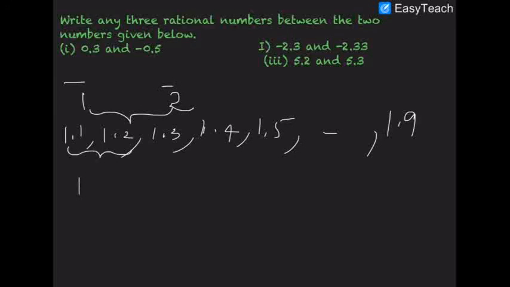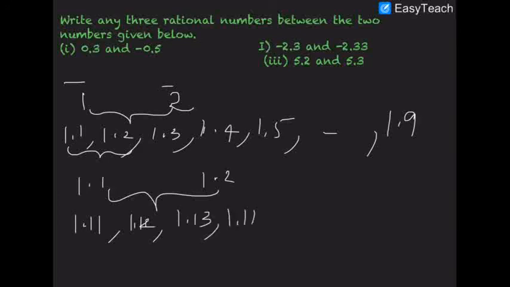Now what will be between 1.1 and 1.2? The numbers between 1.1 and 1.2 will be 1.11, 1.12, 1.13, 1.14, and so on, going up to 1.19, and it ends at 1.2.